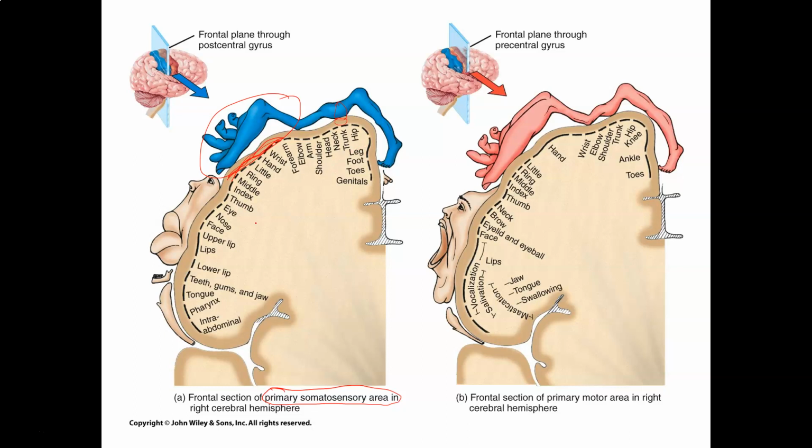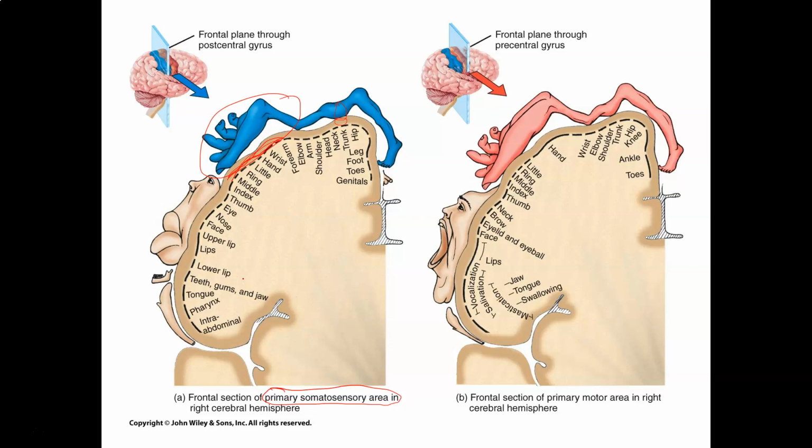Anyway, one of the main things the primary somatosensory cortex allows you to do is to localize sensory information coming from the opposite side of the body. So it allows you to localize it, to say, oh, something bit my left forearm.